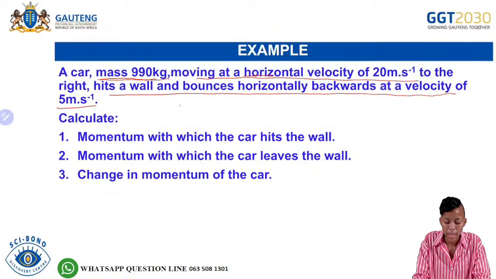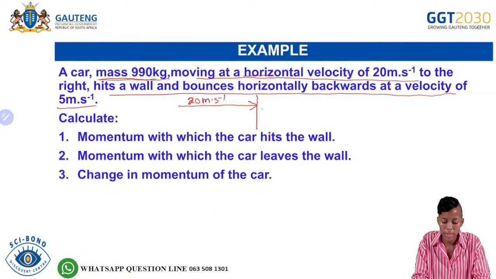So we have a car. This car is moving to the right at 20 meters per second. And then this car hits a wall. After hitting the wall, it bounces horizontally backwards at a velocity of 5 meters per second.